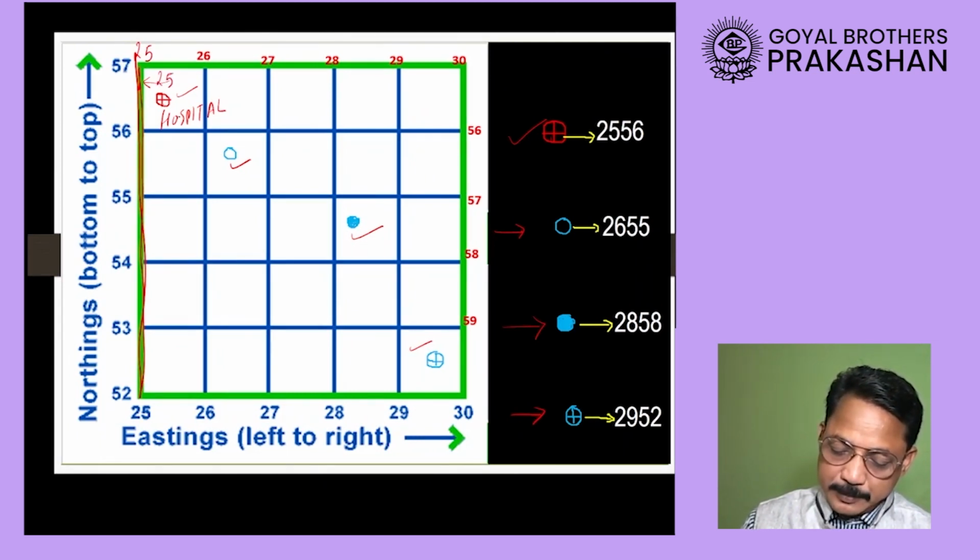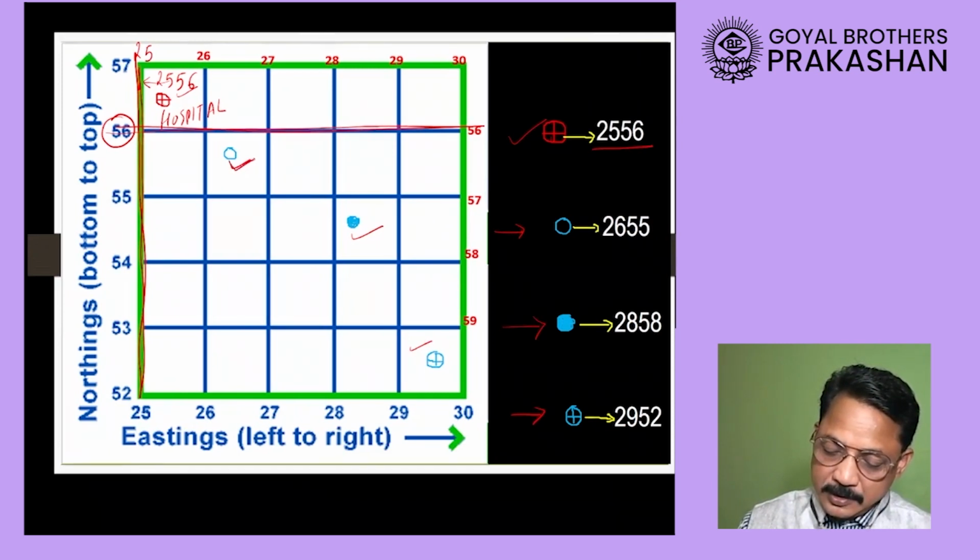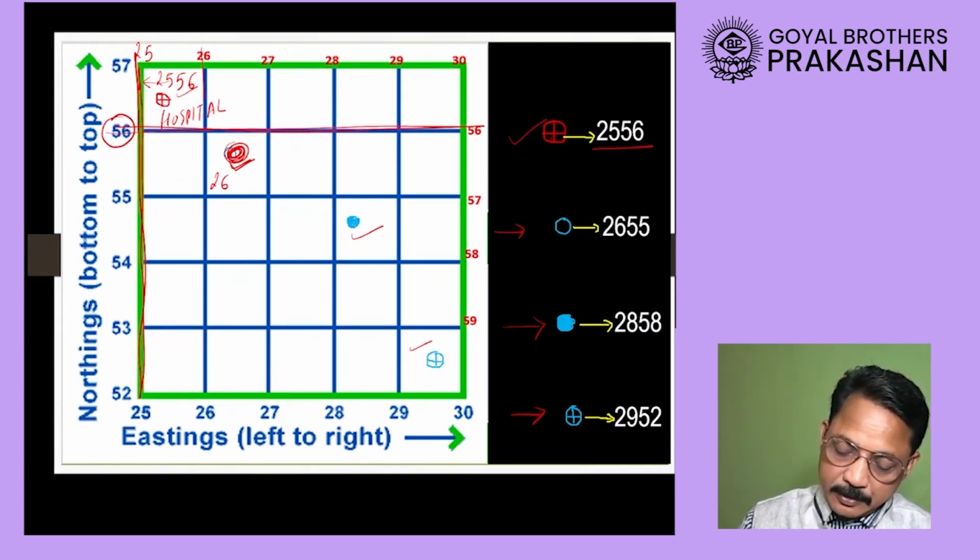And below this hospital, horizontally, which number is present? 56. So the hospital is present in 2556. Similarly, this unlined well here is present in 26. The number here on the left side is 26, and the number immediately below this is 55.